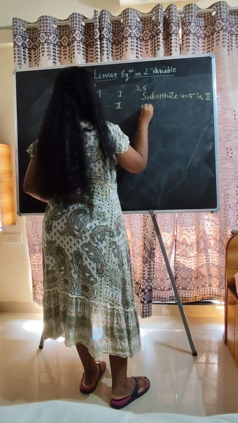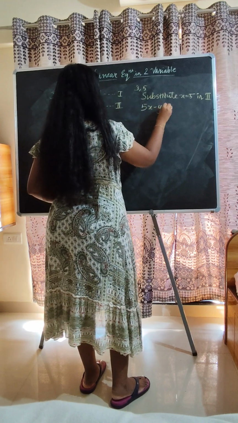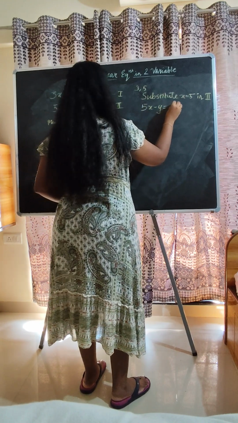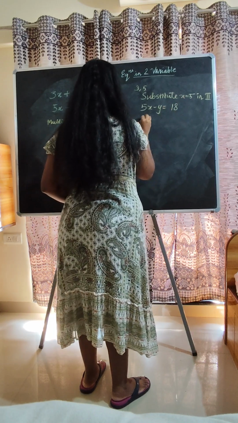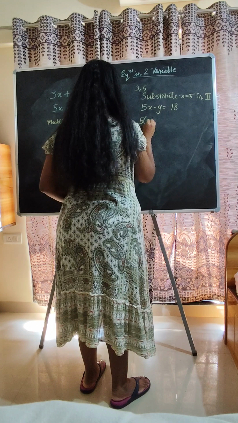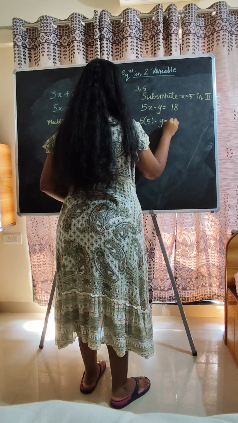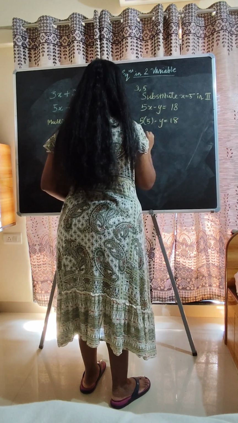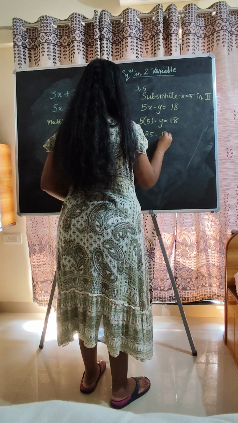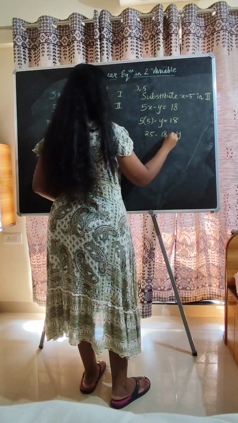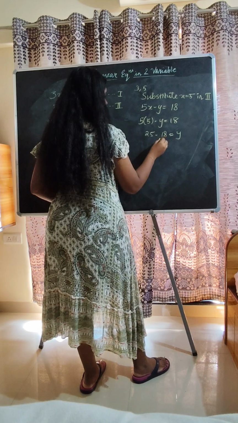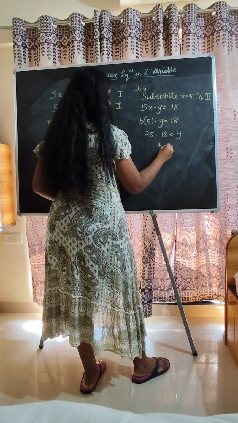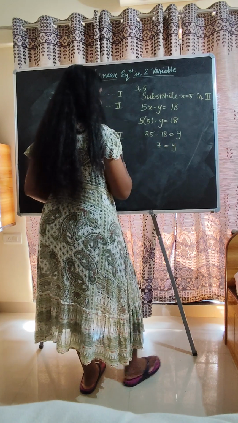So 5x minus y is equal to 18. So 5 into 5 minus y is 18. 25 minus 18 is y. So 7 is equal to y.